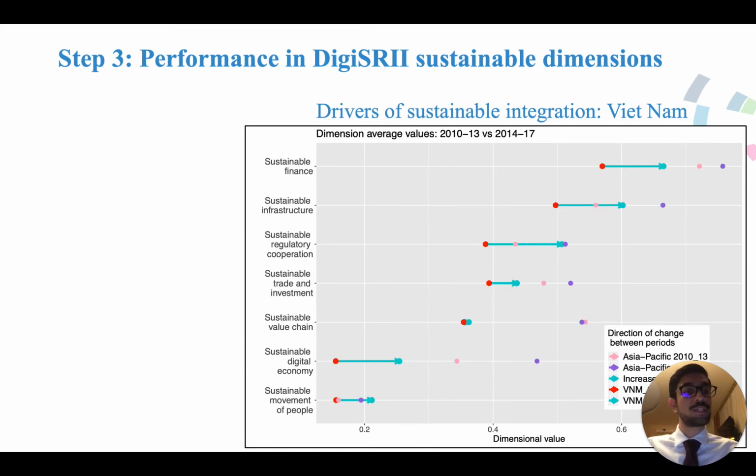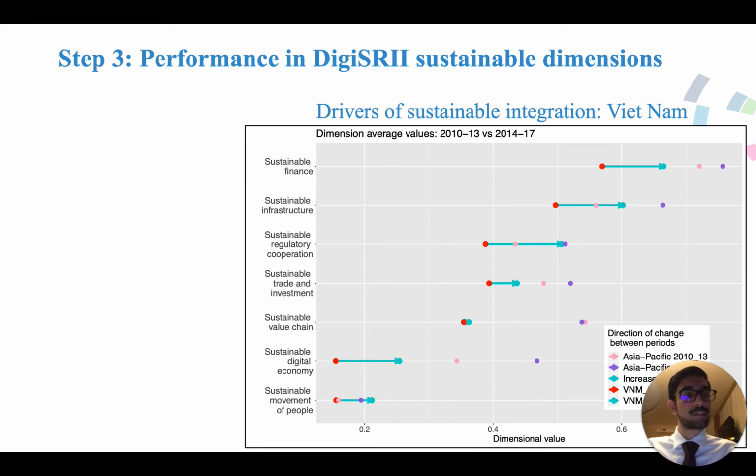Turning now to sustainable regional integration in Vietnam, sustainable finance and sustainable infrastructure are the most important dimensions for Vietnam, contributing the most towards its overall level of sustainable integration, similar to the overall Asia-Pacific trend.